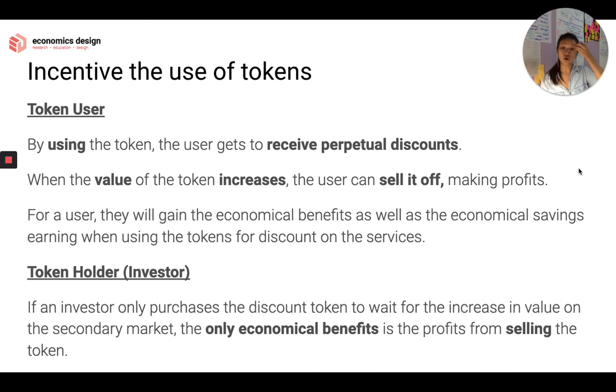So the whole goal here is to incentivize users to continue to use the tokens so that they will receive more economic benefits and economic savings instead of just being an investor and holding it. Because why do we want to do that?